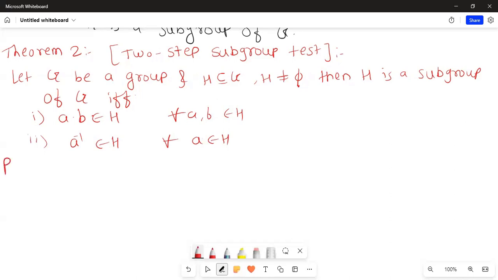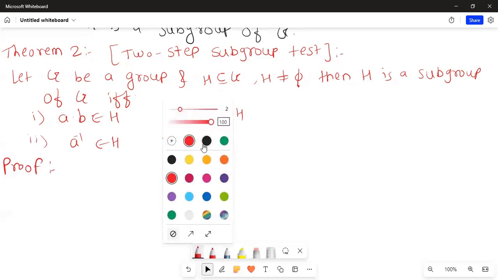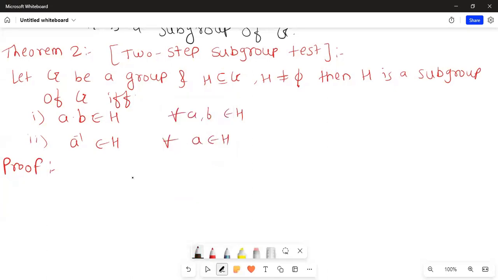तो प्रूफ देखो. Let H be a subset of G and H is not equal to phi.